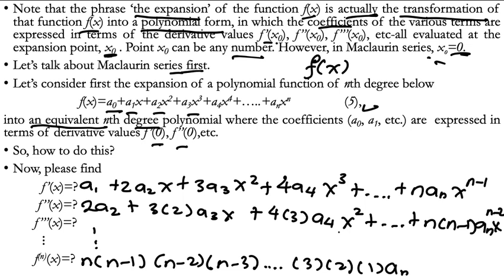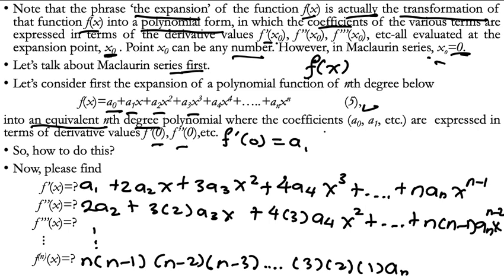Here, if we evaluate at x equal to 0, then we have f prime 0 equals a1, because x becomes 0 and we are left with a1.